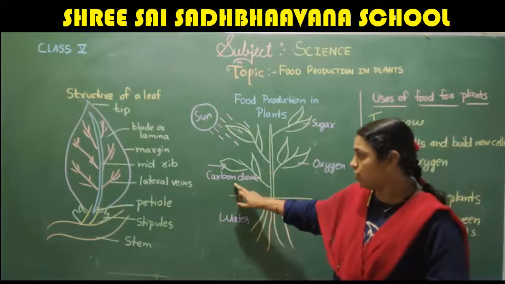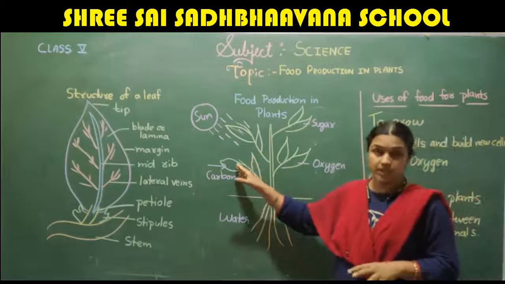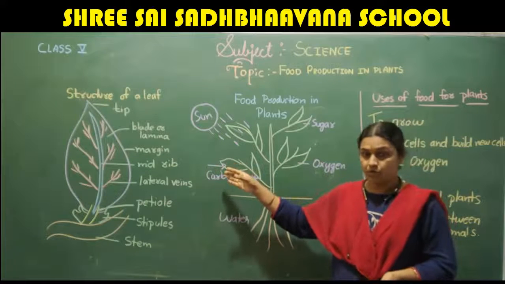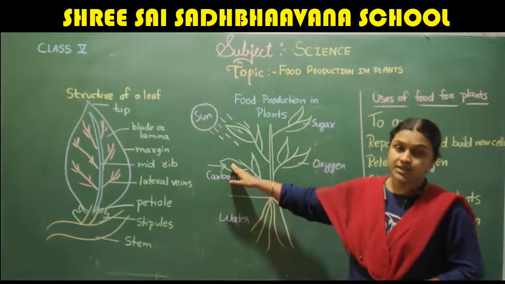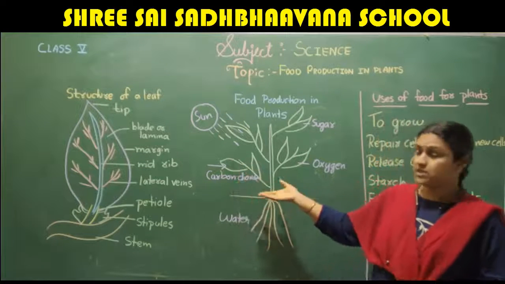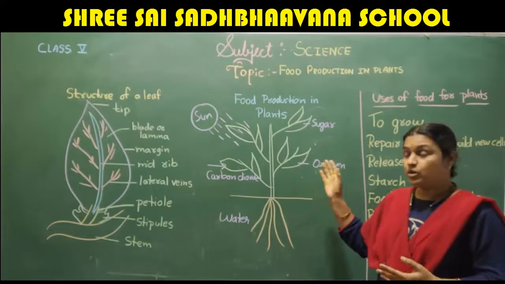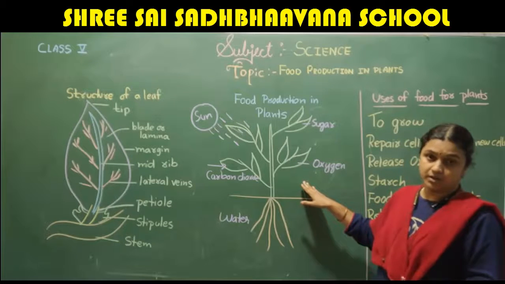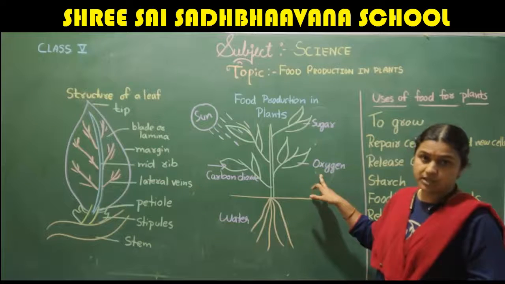Now, having said that, the carbon dioxide, the sunlight, everything enters the leaf, and then the leaf prepares the food. Now, there is another important thing that we need to understand, children. Once the carbon dioxide is taken, the sunlight is taken, and the food is prepared, the leaf has to send out the other air that is not required, which is the oxygen.